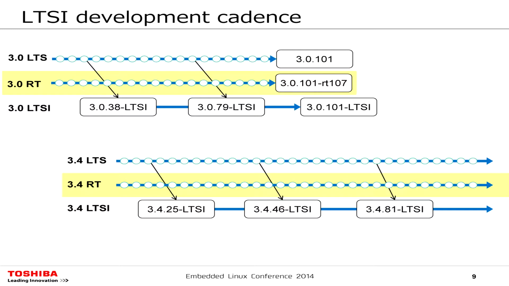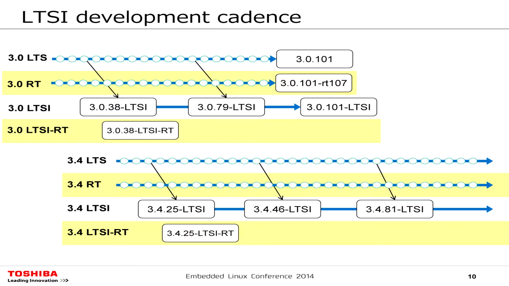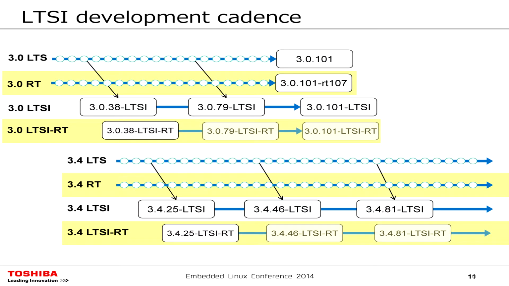At first, we created LTSI-RT for version 3.0.31 because this is the very beginning, so it is better to explain how to create the LTSI kernel. After that, we usually follow the LTSI-RT kernels.